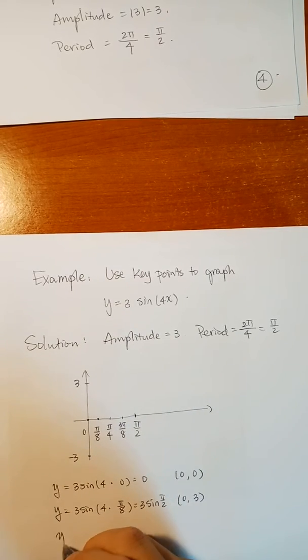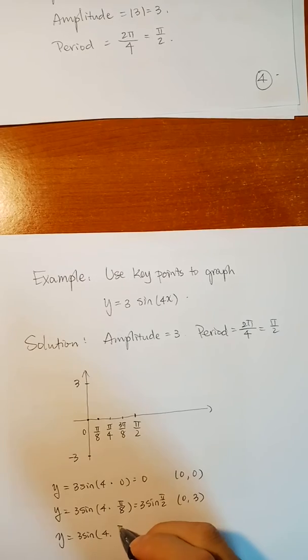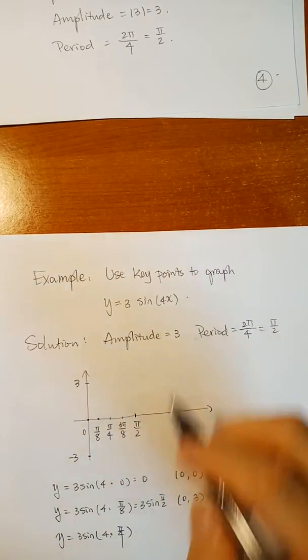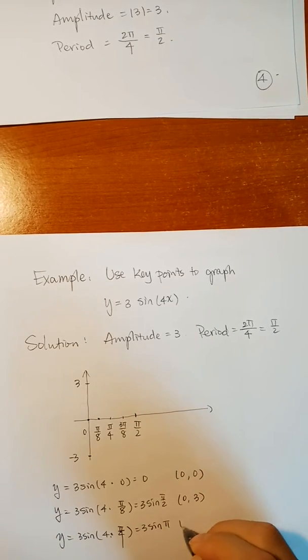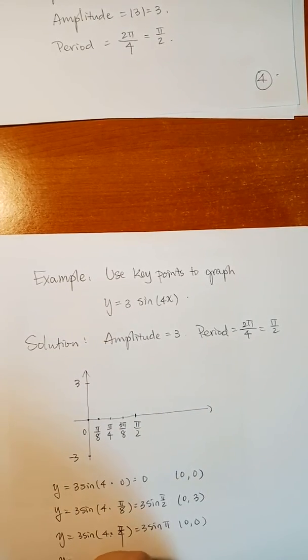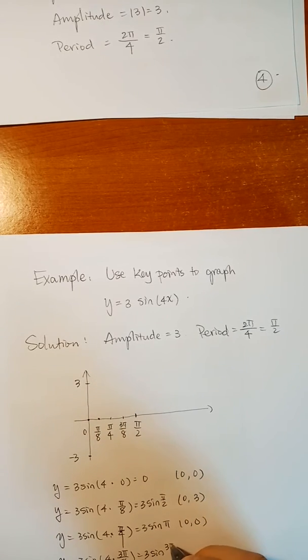And you continue this. Pi over 4: remember, this is sine 4x, so it's 4 times it, which gives sine pi, which is 0. And 3 sine of 4 times 3 pi over 8 is 3 pi over 2.